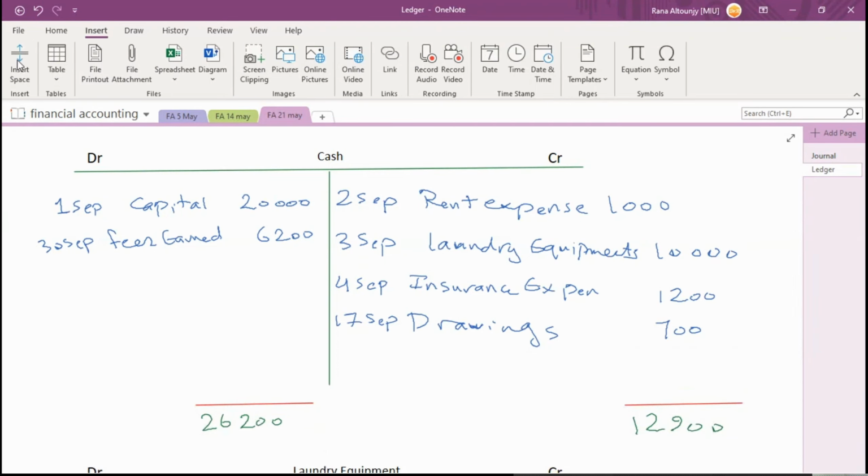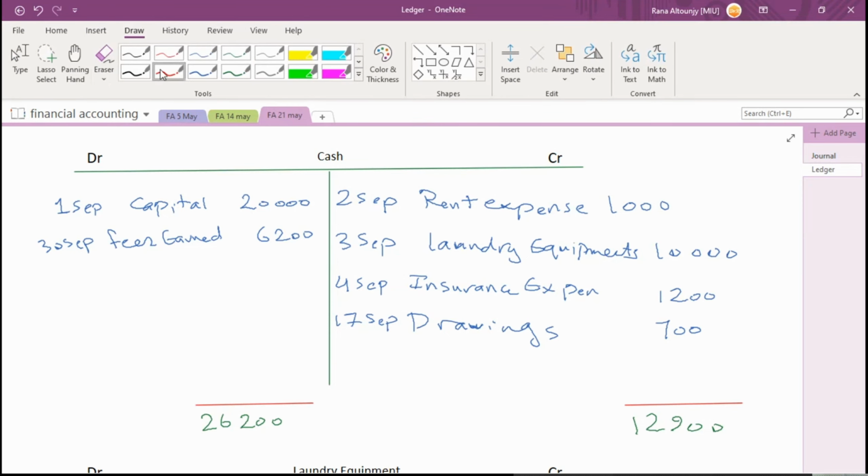Can you tell me what is the difference between 12,900 and 26,200? It's 13,300. That's right. So to make both sides balance, we need to add to the credit side.